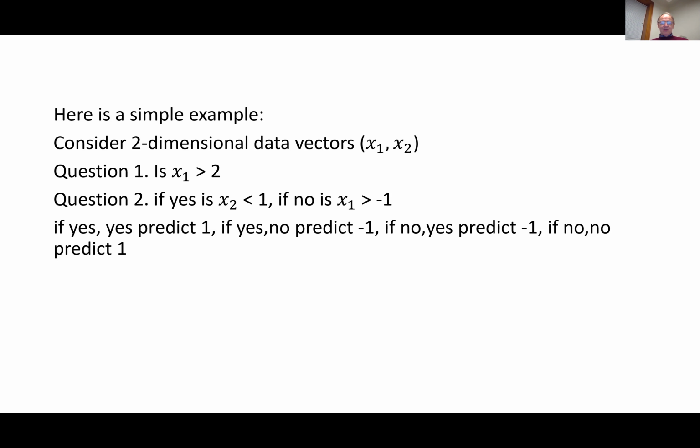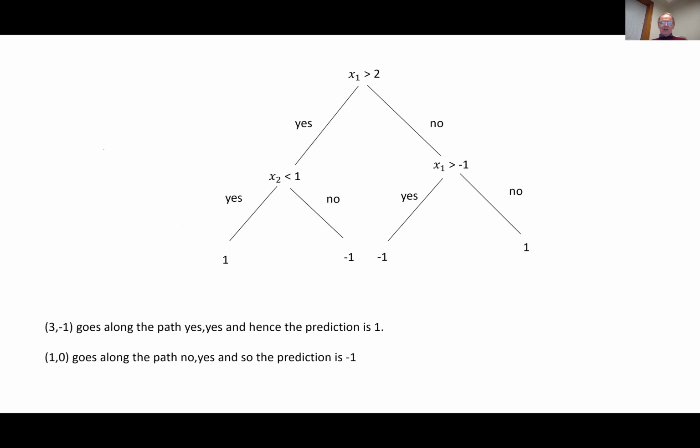So let's see how it works and how it looks when we draw it. Here are our questions. We start out with the first question, is x1 bigger than 2? If it is, then we go down to this node here. We call these branching points nodes, and we ask another question: is x2 less than 1? If yes, we end up in category 1.